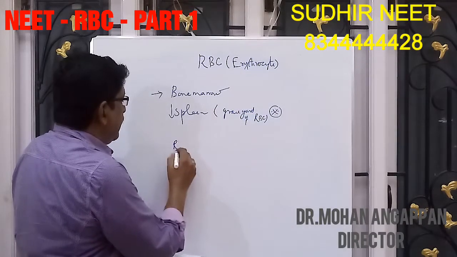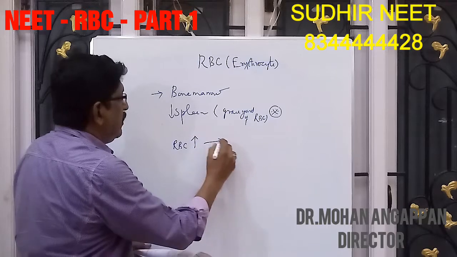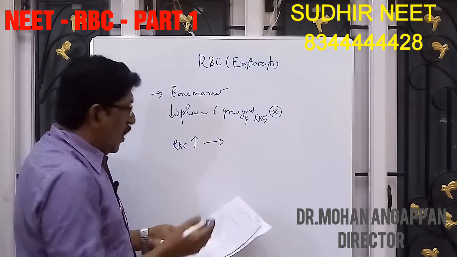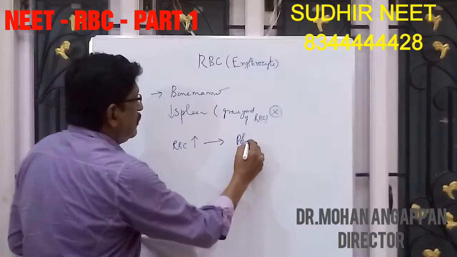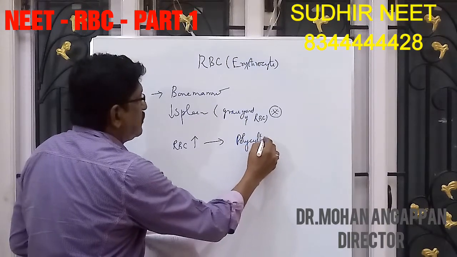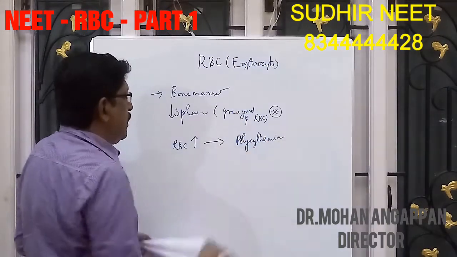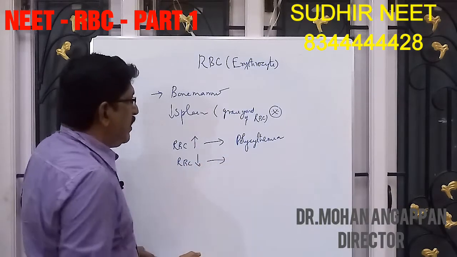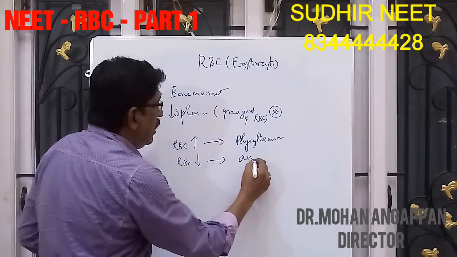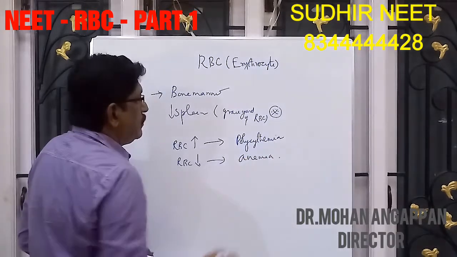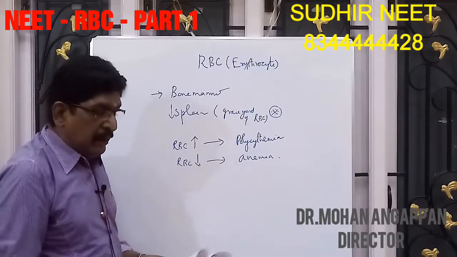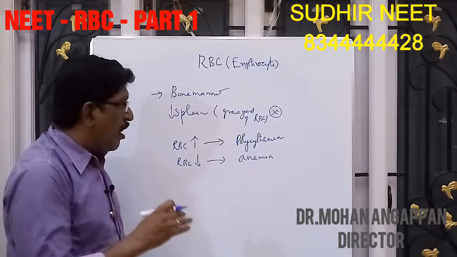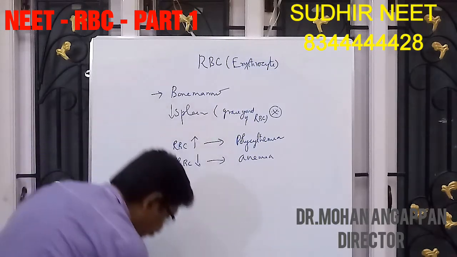If the RBC is increased from the normal count, the disease is called polycythemia. If RBC is reduced from the normal number, it leads to anemia. So this is all about the general points about the RBC you must remember.